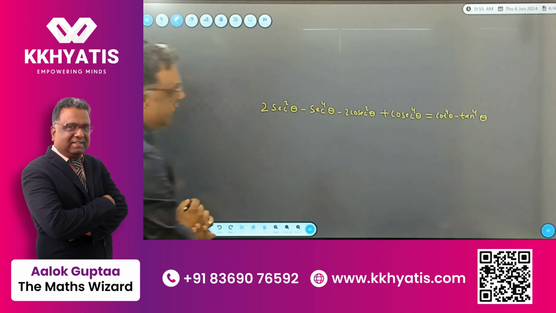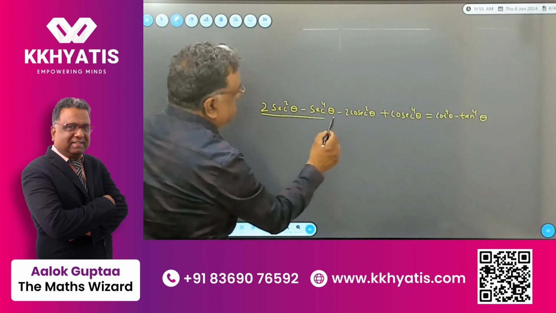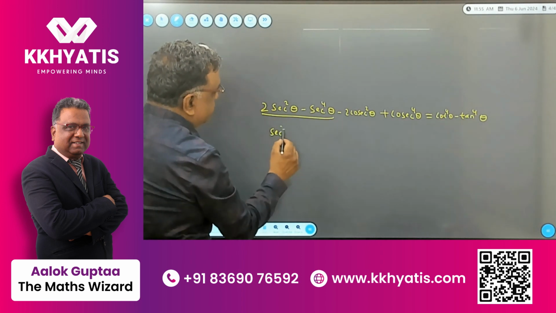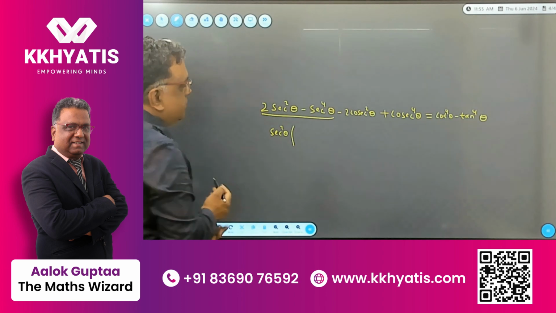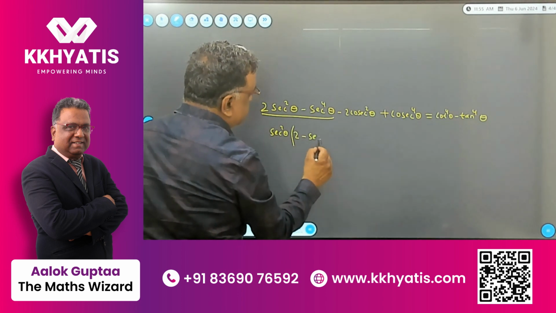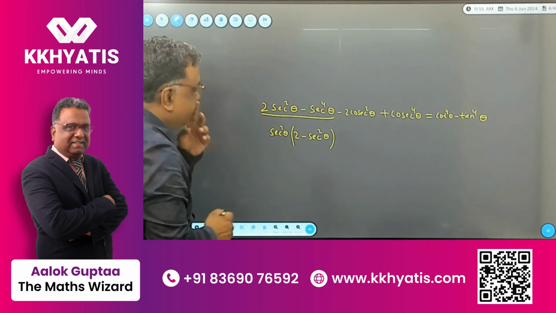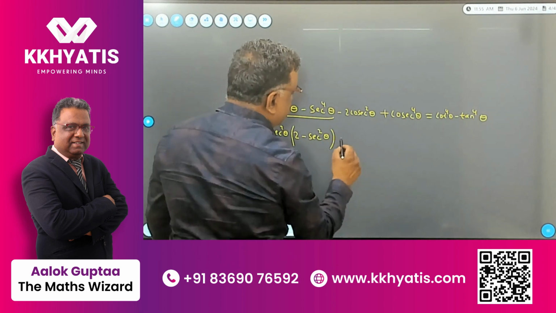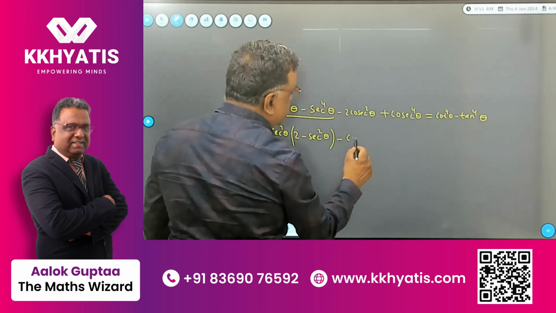So let us say I can see in these two terms, I can take sec square theta common. Correct? So this will become 2 minus sec square theta. In these two expressions, I can take cosec square theta common.